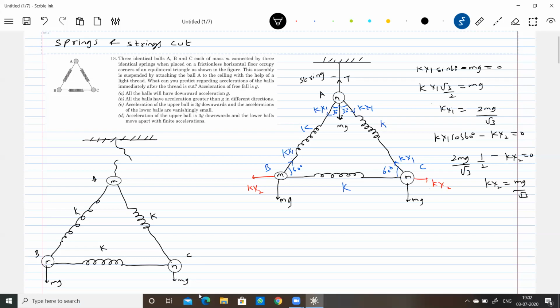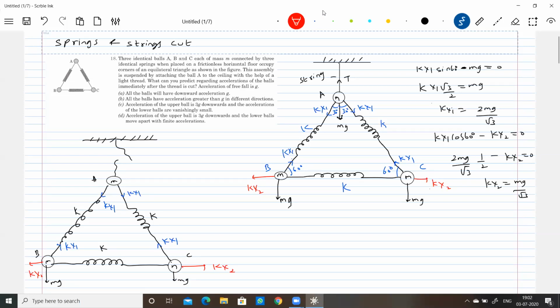The spring forces which were acting, I should show them as they are. This was the kx1, then this particular kx2. I think directly from this only you can tell it. Tell me what will happen to block B and C.